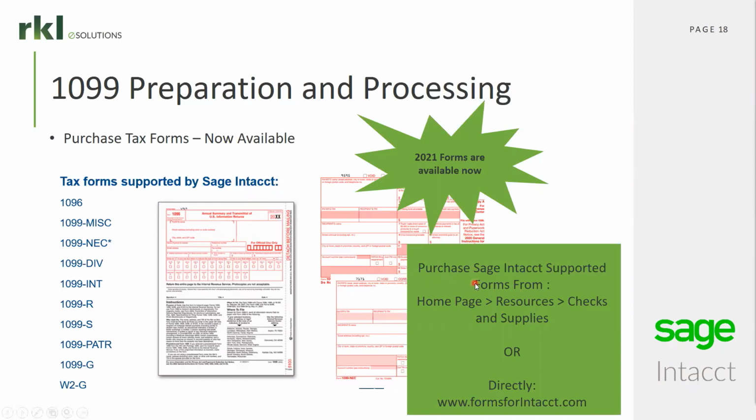I went to purchase Sage Intacct supported forms from the homepage, clicking on the resource tab, clicking on checks and supplies, and then seeing the 1099s there. Or I could go to www.formsforintacct.com. That's if I'm going to print them for myself.